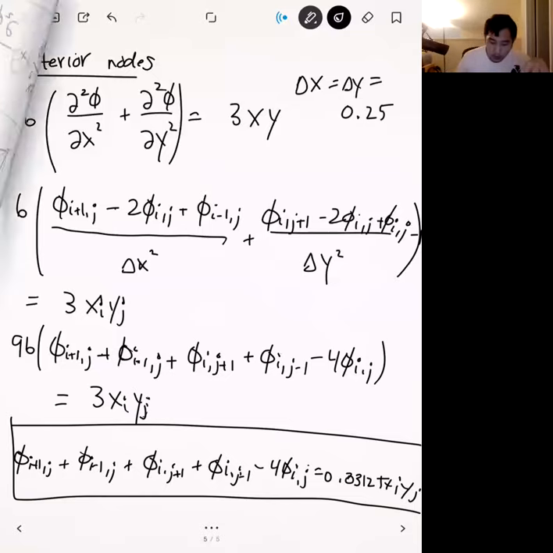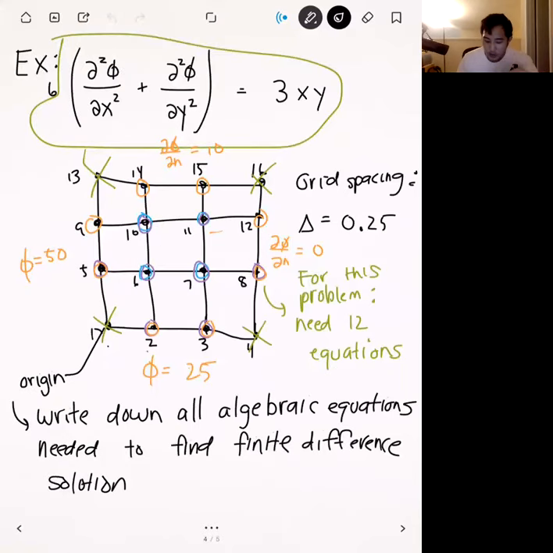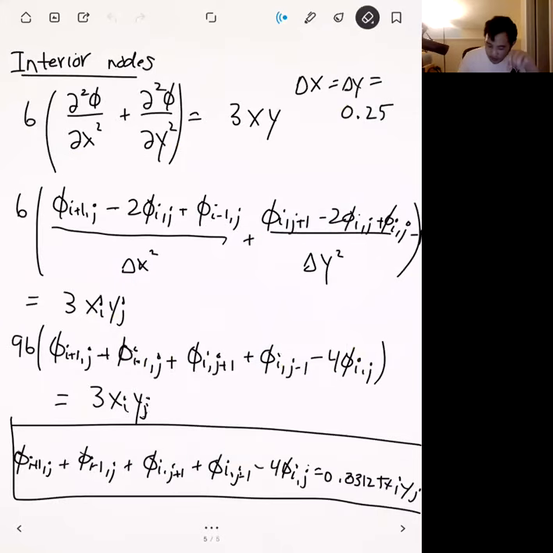For all the nodes that I've circled as interior, the ones circled in blue, we can apply this equation. Just like we did previously, let's replace these i and j components with names that are a bit more useful for us.